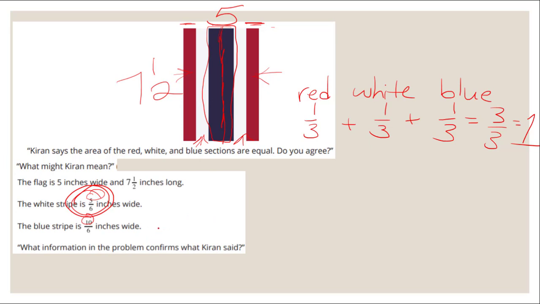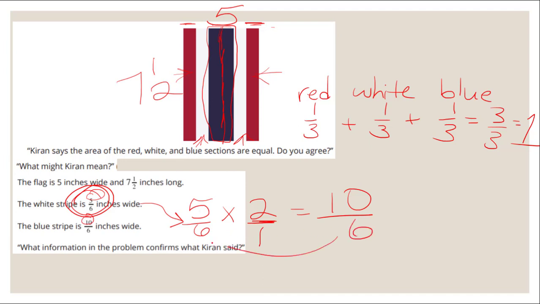This is what it would look like as an equation. 5/6 is the white stripe, and I'm going to double it, which means multiply it by 2. I stick a 1 underneath that. That's going to give me 10. And then 6 times 1 gives me 6. So that is the measurement of the blue stripe.